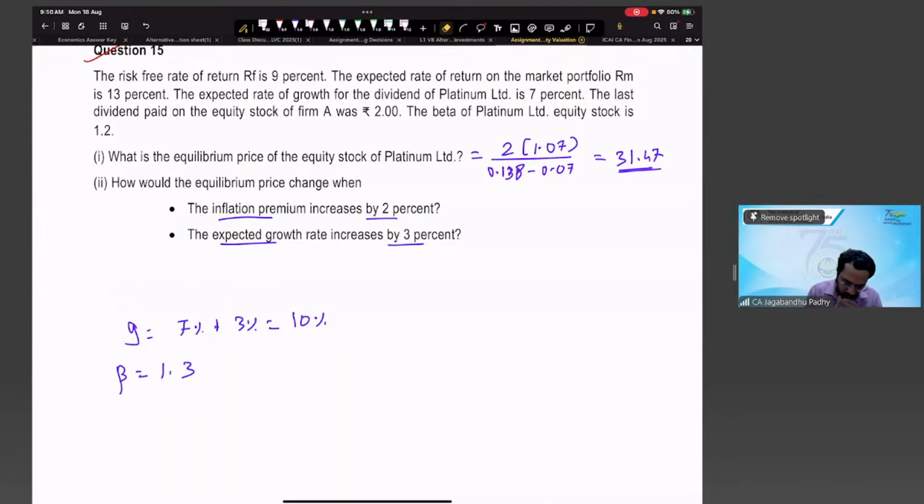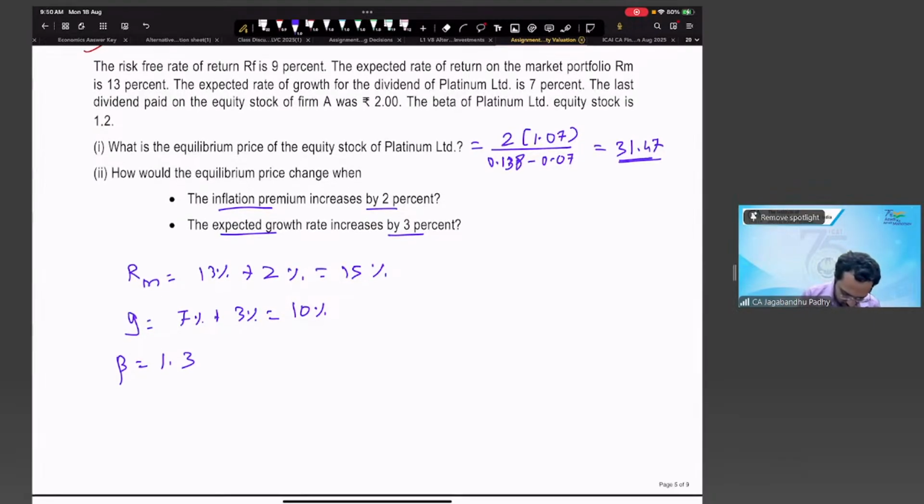Listen. The inflation premium is 2%, so your market rate of return is now 13% plus 2%, because you'll need 2% extra return. So RM is now 15%, and RF is of course 9%. So we can get the new KE.